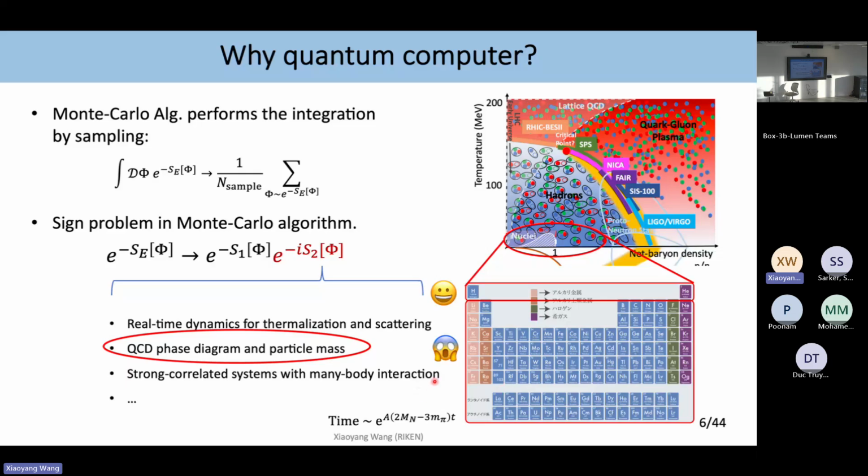You can see that the scaling increases exponentially with the number of protons and neutrons, so the time complexity increases exponentially with their mass.